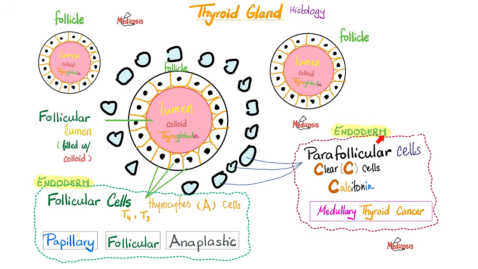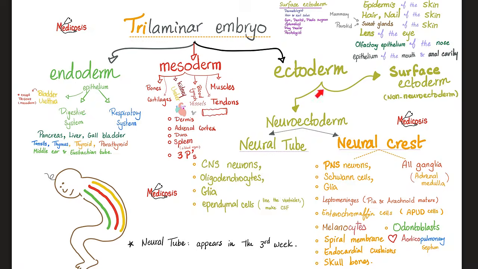But what about the parafollicular cells? Before recording this video, I checked ChatGPT AI, and AI told me that the parafollicular cells are ectodermal, specifically of neural crest origin. But this is old and outdated. The parafollicular cells are also endodermal in origin. That's the truth. Artificial intelligence, they said, more like natural stupidity.